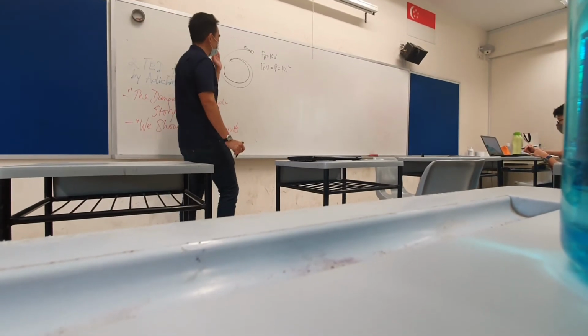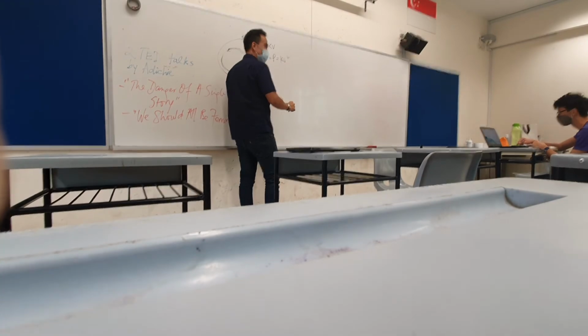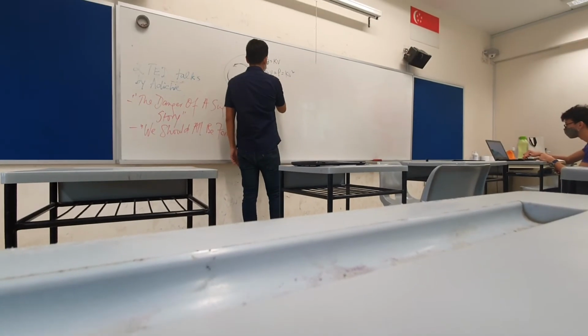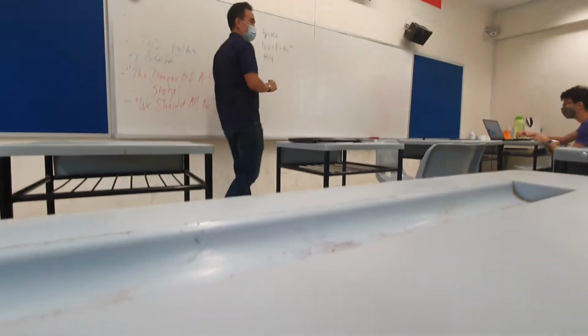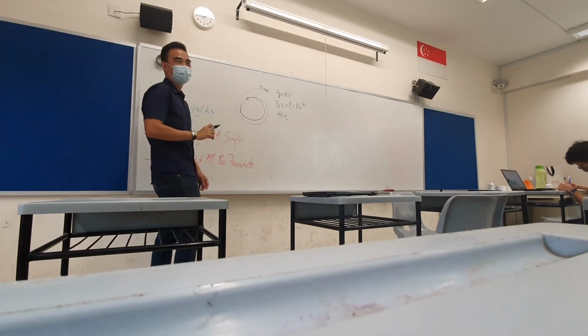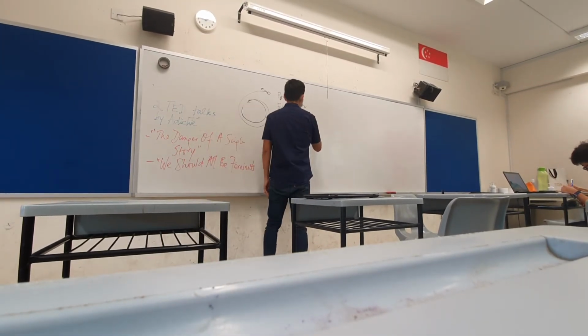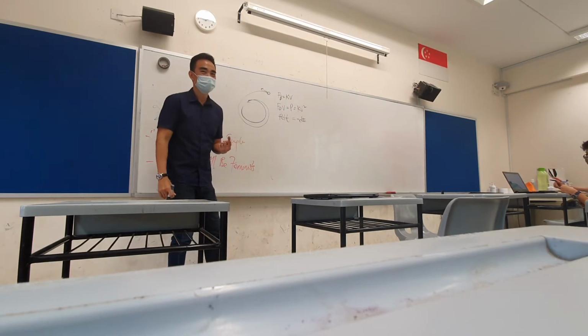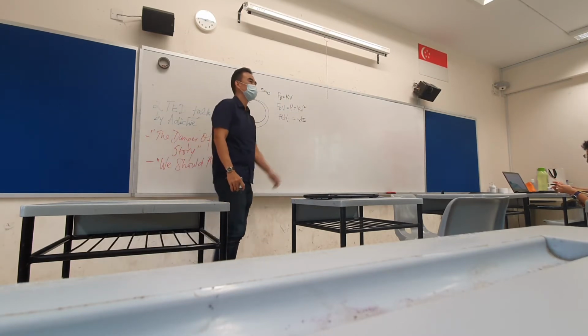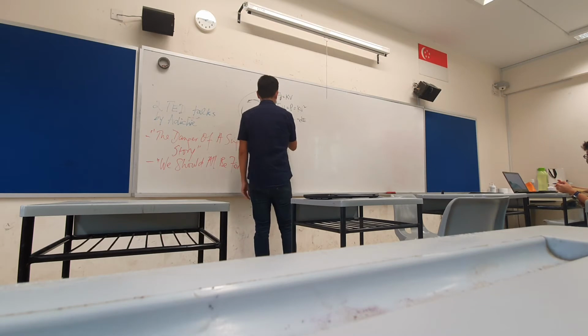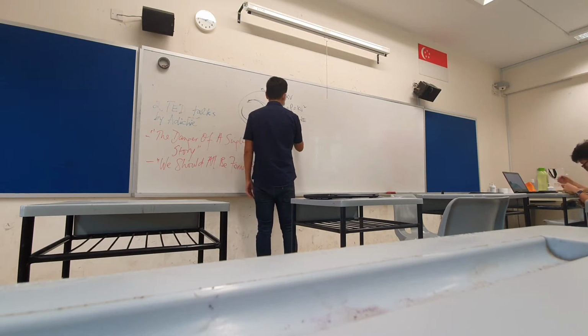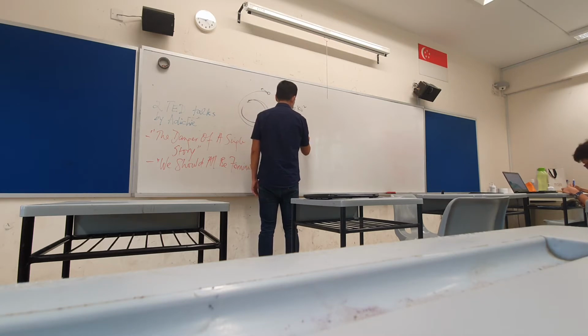So this is power equals kV squared, and power times dt equals minus dE. Why minus? Because it loses energy. So dE equals P dt, which equals minus kV squared dt.